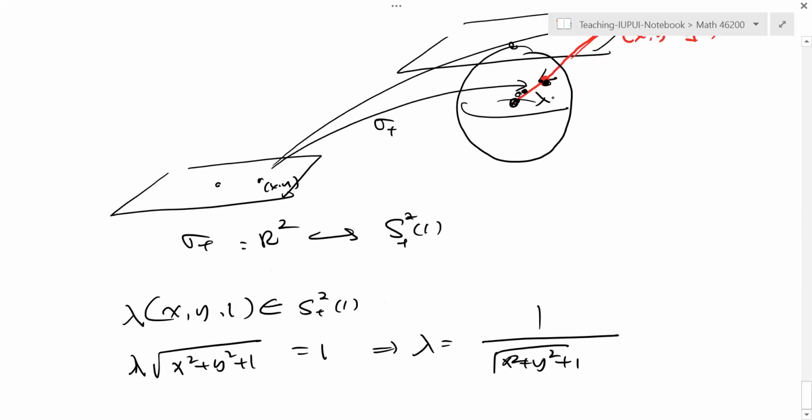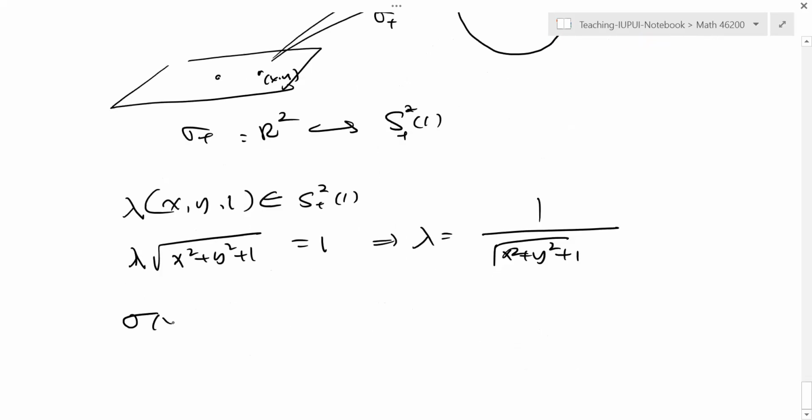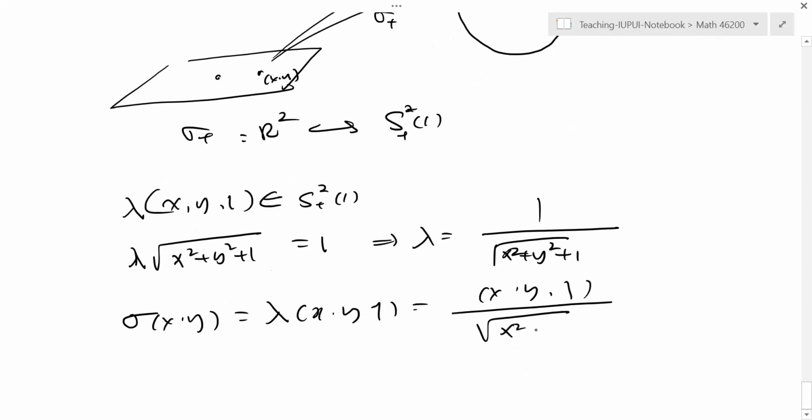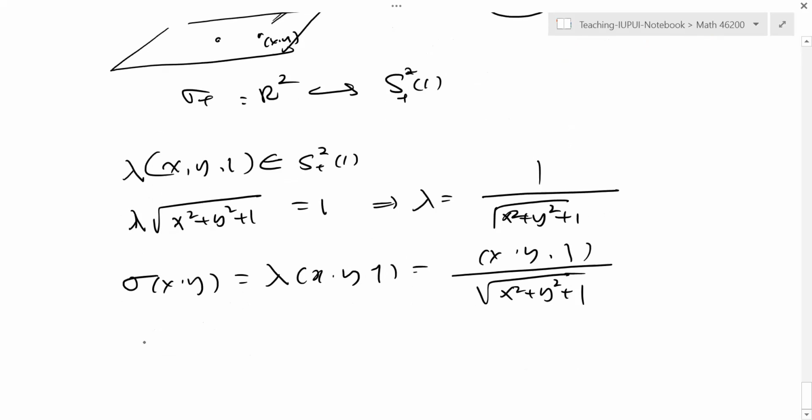This is lambda times (x, y, 1), right? So sigma(x, y) is going to be lambda times (x, y, 1). And you can check this map. Indeed, it is a regular surface patch, type 4S2.